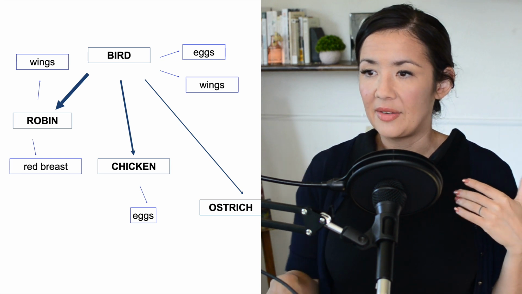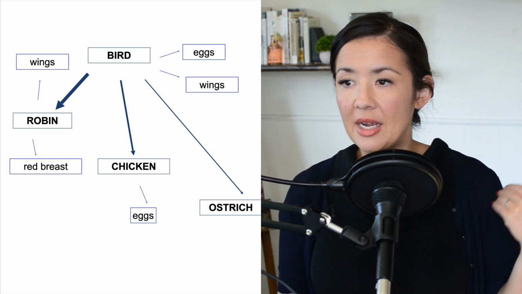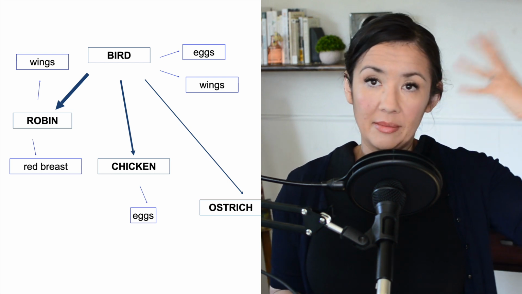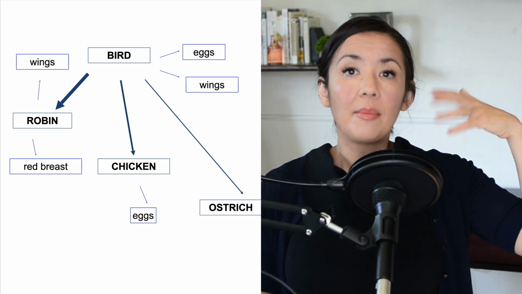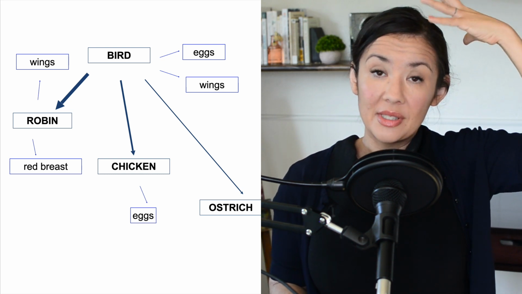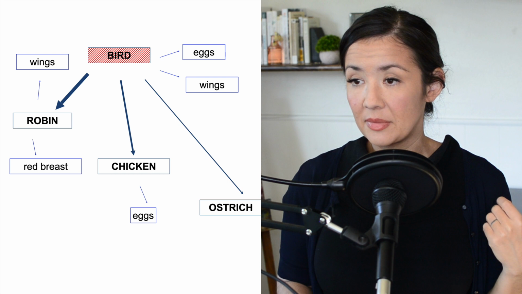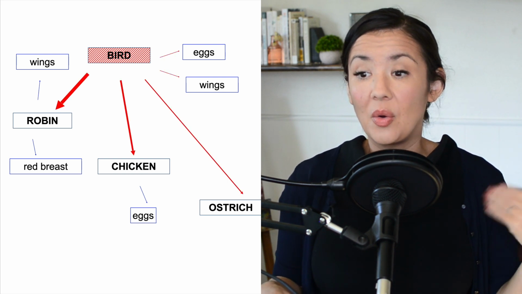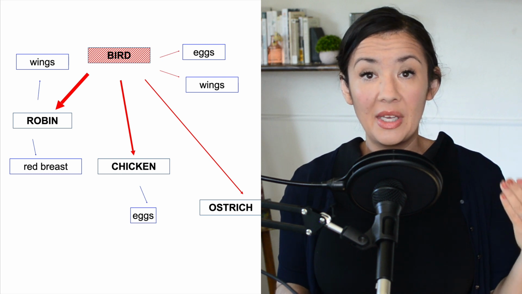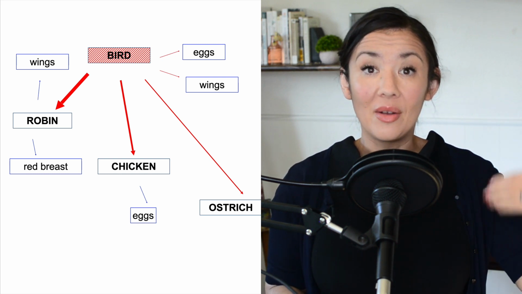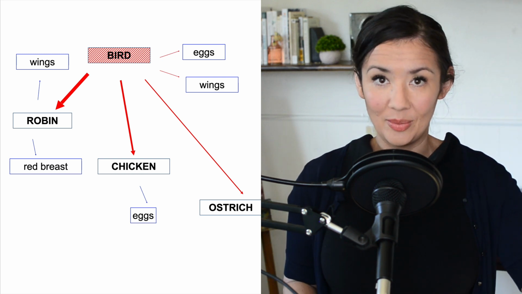If we look at it kind of in this network diagram here, I might ask you to think of a bird, and you might think of any number of different birds, but a network of associations between birds is going to be activated in your mind. And then some types of information are going to be more readily available. If you happen to think of robin, then red-breasted might also be more easily retrievable.